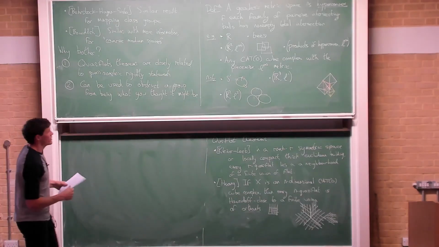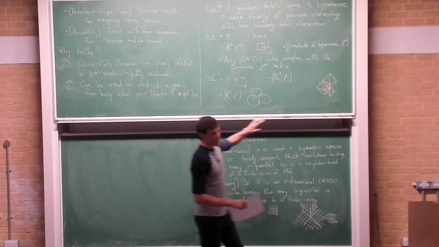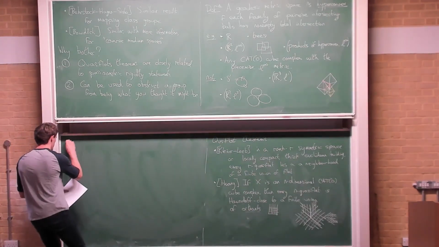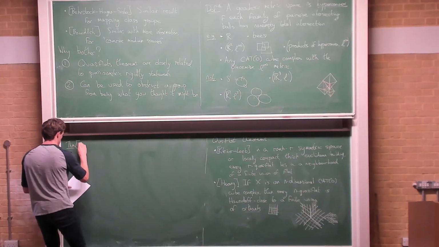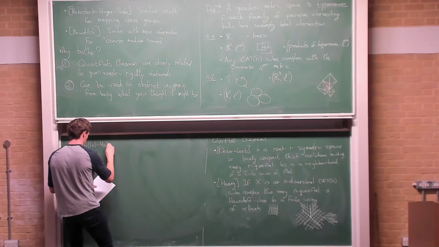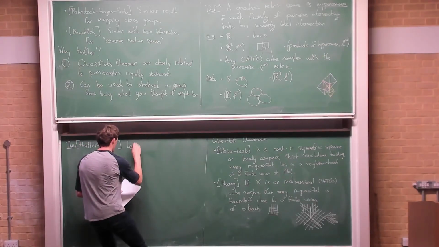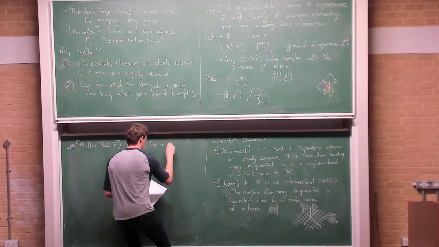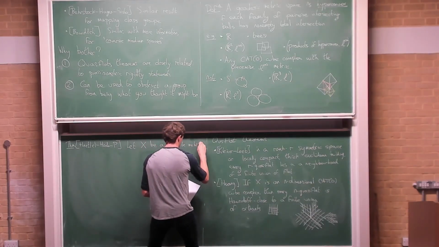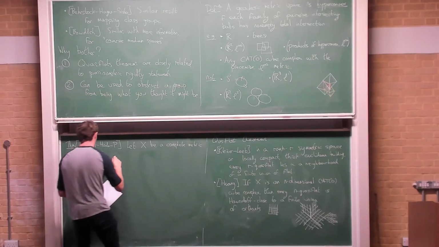Yeah, so failure in 3 balls, failure in 3 balls, failure in 4 balls, and that is actually kind of a general phenomenon. So here's a result. Let X be a complete metric space of finite topological dimension.